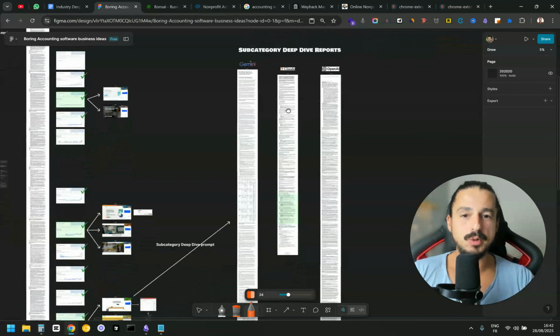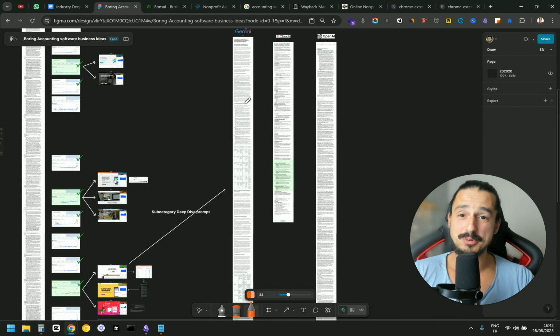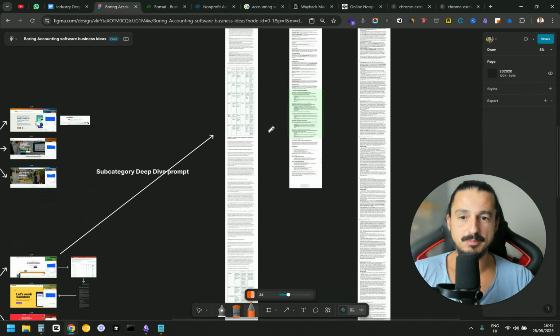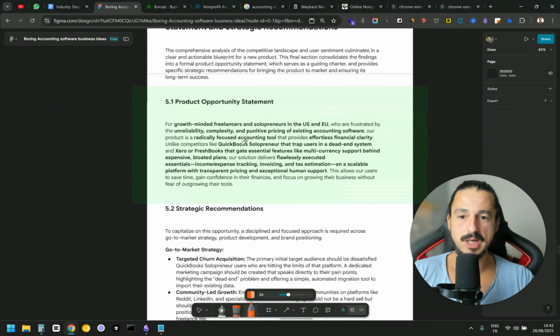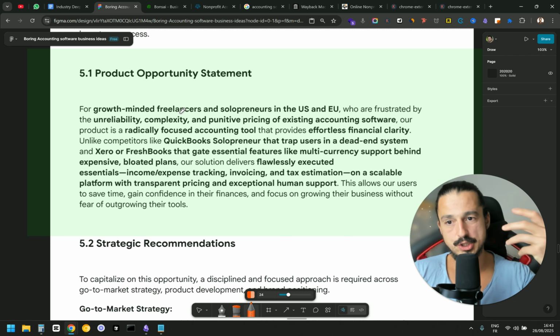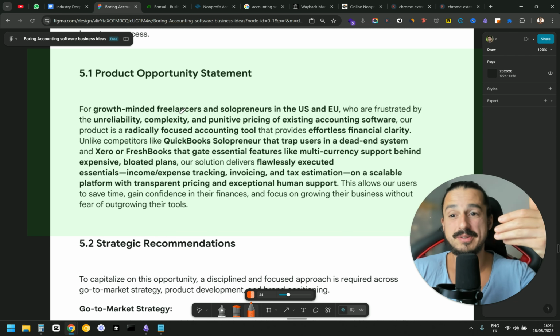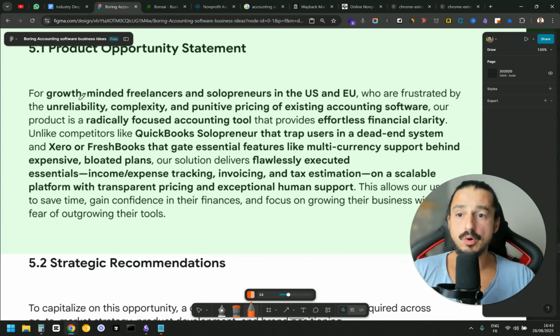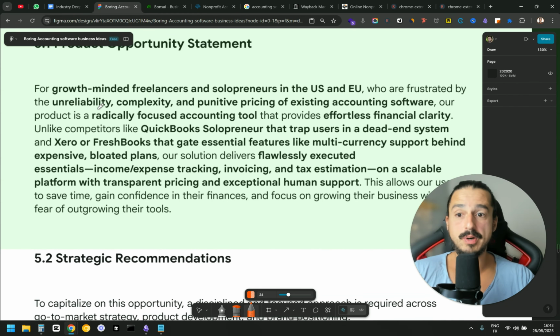Again, I'm not going to read the whole report, but you can, and you can see the style of the report. I'm just going to read quickly the statement of the opportunity that we got from this research. I actually like this one: for growth-minded freelancers and solopreneurs in the US and Europe who are frustrated by the unreliability, complexity, and punitive pricing of existing accounting software.